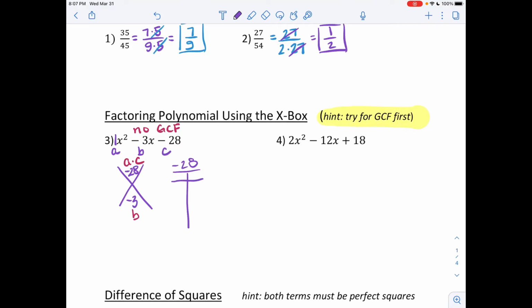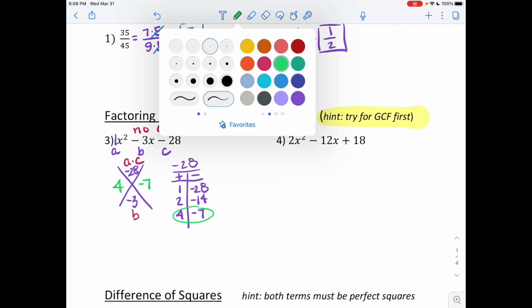I will need my bigger factor to be negative, which I typically write on the right-hand side, because I have that negative 3 here. I know that they need to add to a negative number. So I'm going to start with 1 and negative 28, 2 and negative 14, 3 won't divide evenly, but 4 and negative 7. And the two factors that are going to add to be negative 3, well, that's negative 7 and 4. So let's put those here, and now we're ready to do our box.